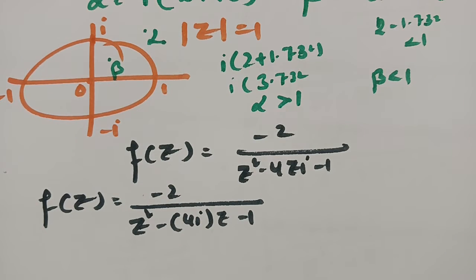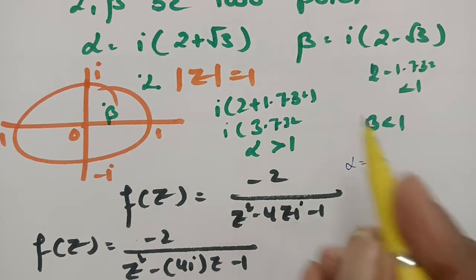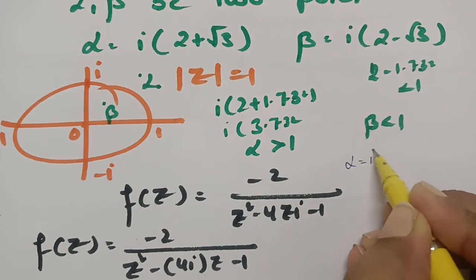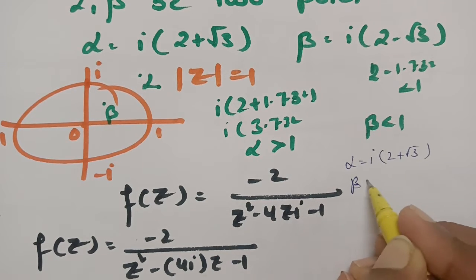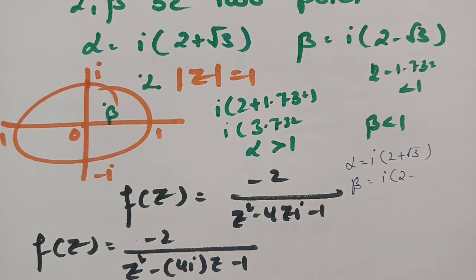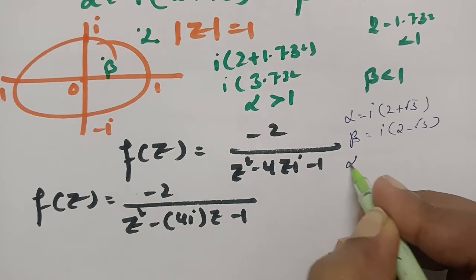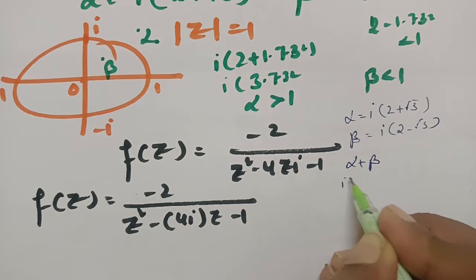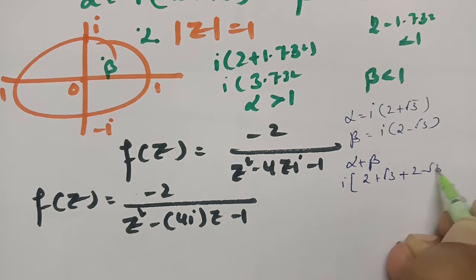As you know, what is our alpha value? Alpha value is nothing but i times of 2 plus root 3, and beta value is i times of 2 minus root 3. If I add these two, alpha plus beta, if I take i common, this will be 2 plus root 3 plus 2 minus root 3.